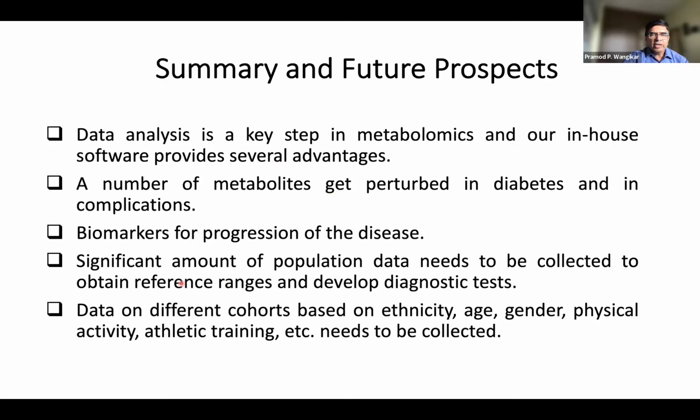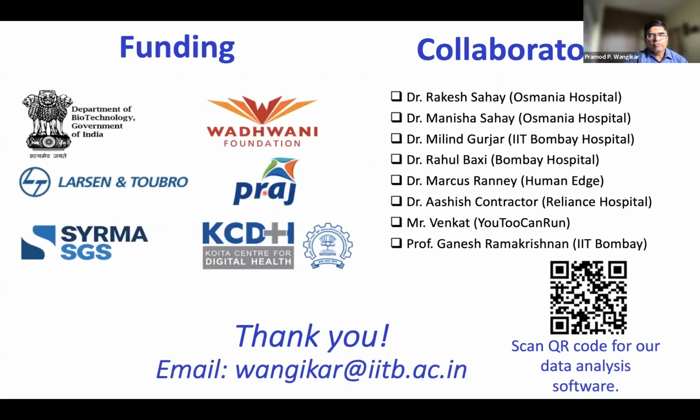The data that we have is based on a relatively small population, that needs to be expanded. We need to collect data on relatively large populations and hopefully develop diagnostic tests, and this data has to be on different cohorts based on ethnicity, age, gender, and so on. Of course, this kind of work requires a lot of funding.